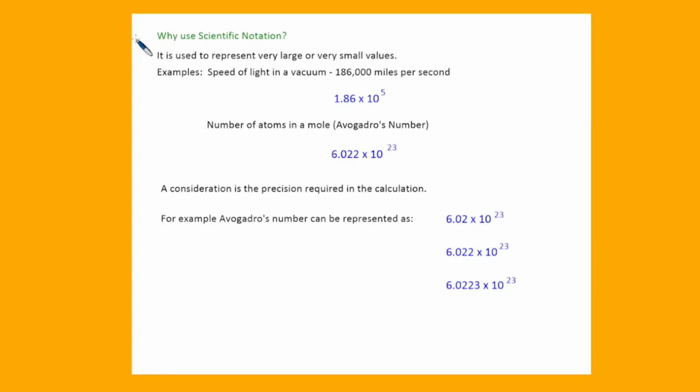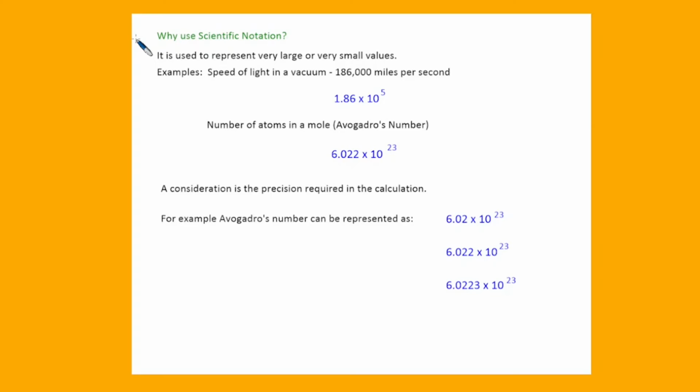Why use scientific notation? It is used to represent very large or very small values. To give you some examples, if we look at the speed of light in a vacuum, it is generally recognized to be 186,000 miles per second. If we represented that in scientific notation, it would be 1.86 times 10 to the 5 miles per second.